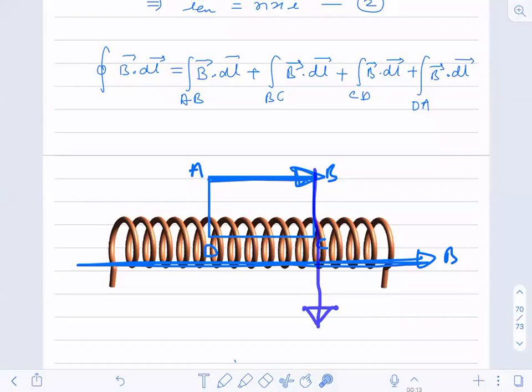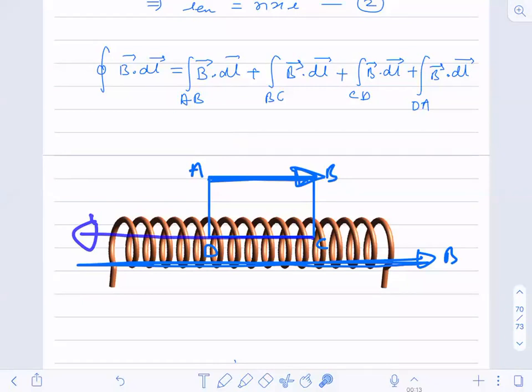For the DA vector and for B, what is the angle? It's 90 degree. Okay, good. What about the CD vector? It is 180 degree.